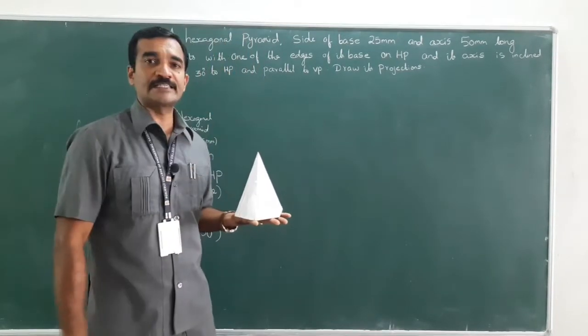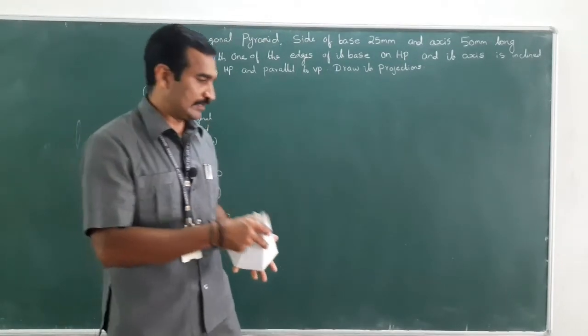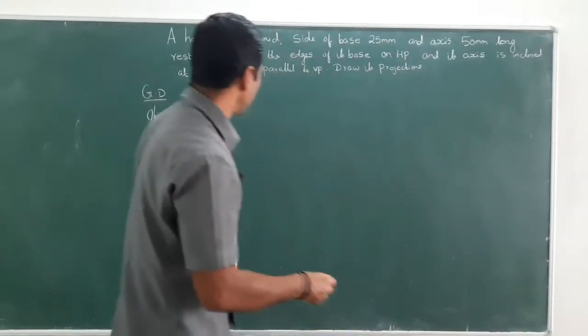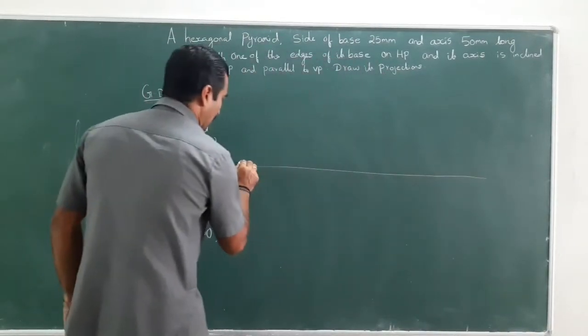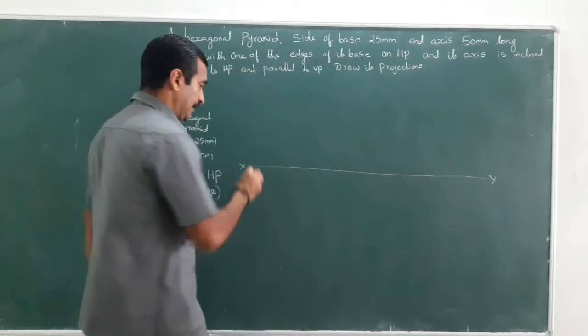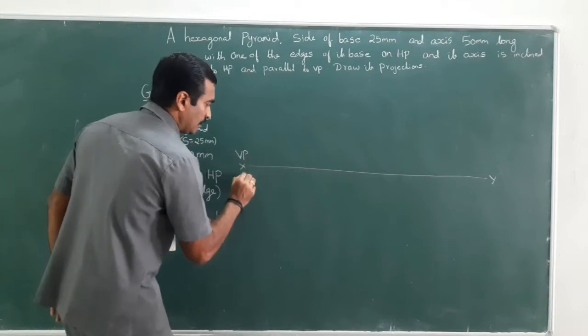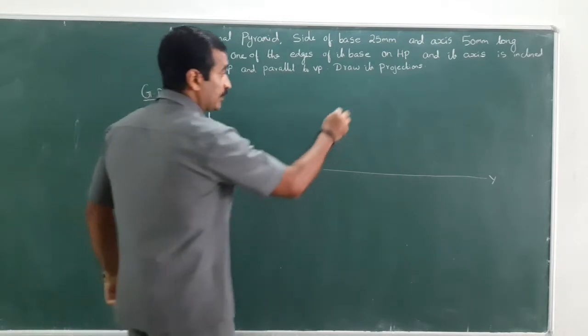Now, as far as this case is concerned, when I look from the top, I could see the hexagonal shape, isn't it? Right. First thing I have to do is draw the XY line, which represents the reference line or ground line. Above the reference line is VP, below the reference line is HP. As I said, there will be 2 stages.